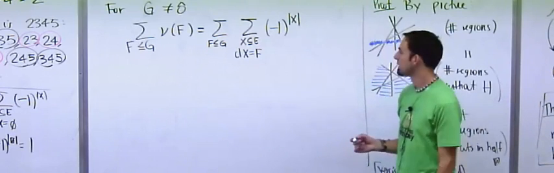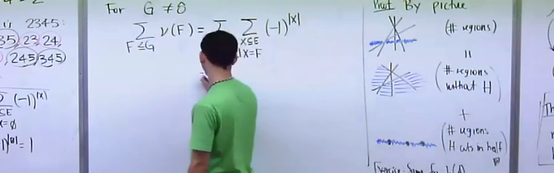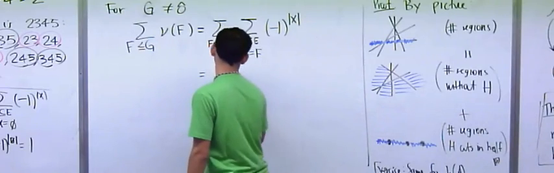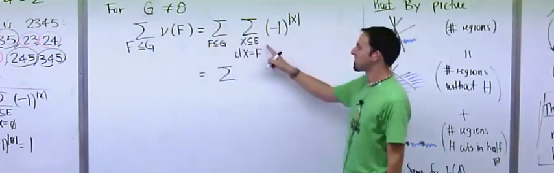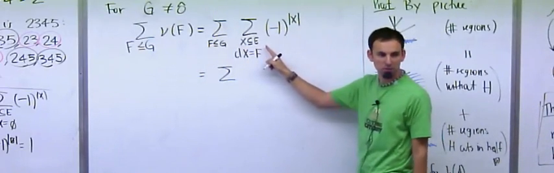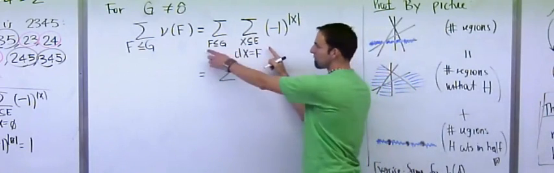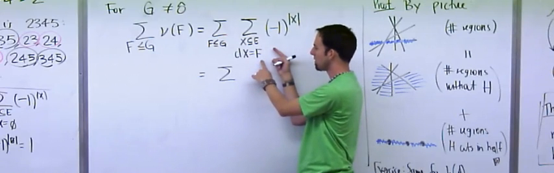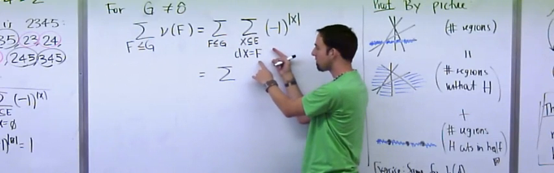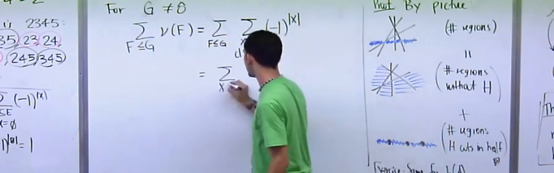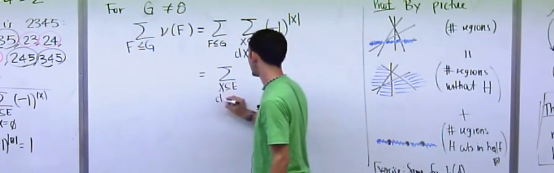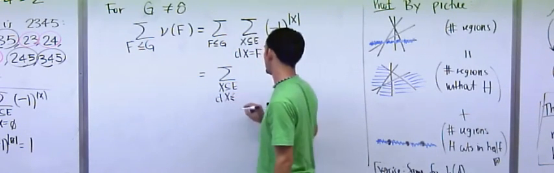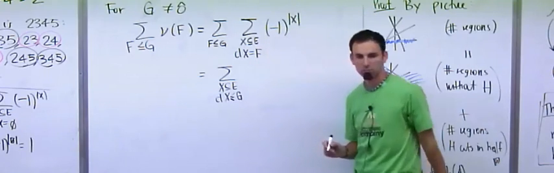Okay. Well, so which x's am I summing over here? For each flat below g, I consider the x's whose closure is f. So in other words, what I'm doing is considering all the x's whose closure is less than or equal to g.